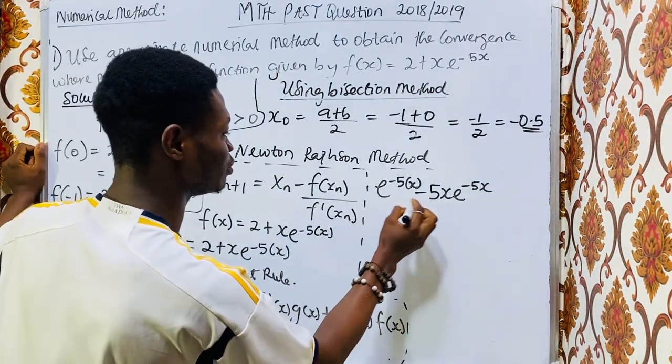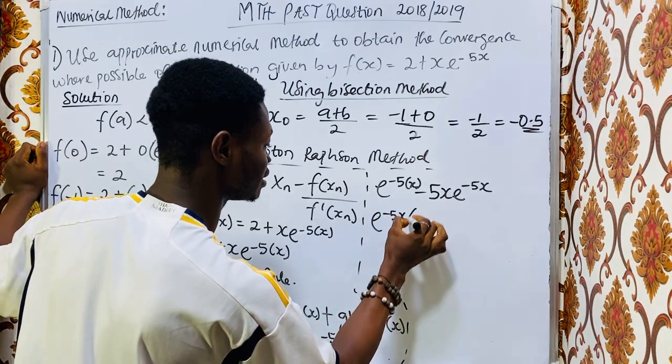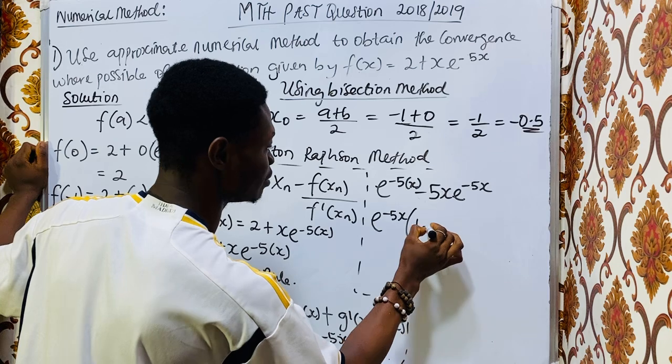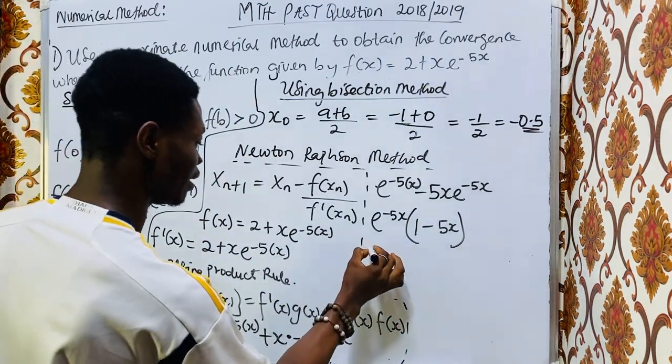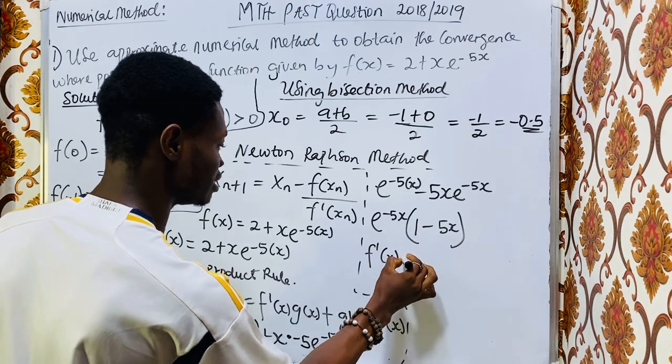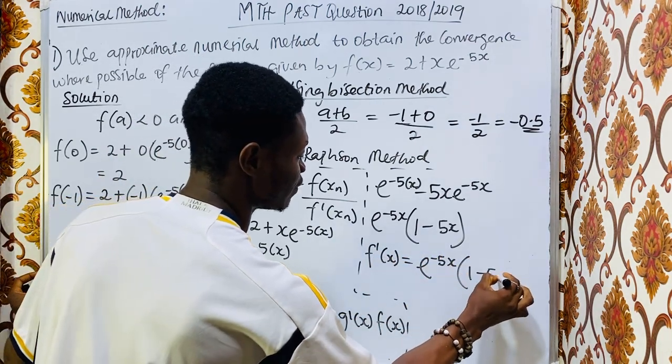So we can factorize, so it will be exponential negative 5x, then 1 minus 5x. So this is f prime of x, therefore f prime of x is exponential negative 5x, then 1 minus 5x.